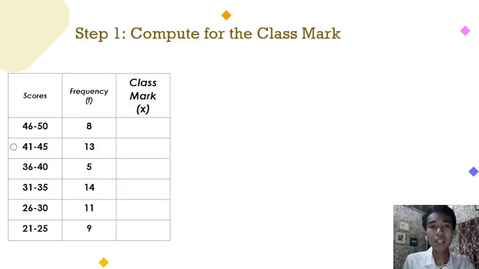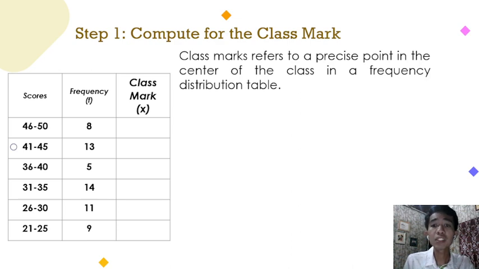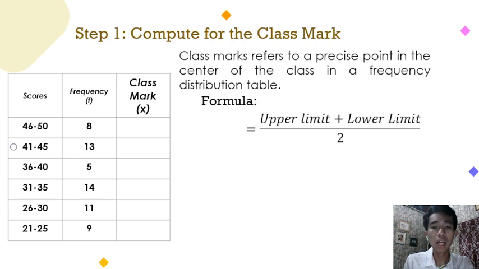For step 1, we need to compute the class mark. But first, class mark refers to the precise point in the center of the class in the frequency distribution table. Our formula in finding the class mark is the upper limit plus lower limit all over 2.